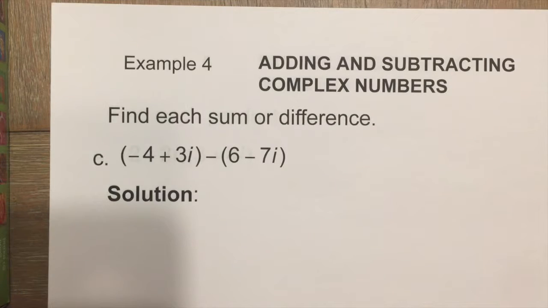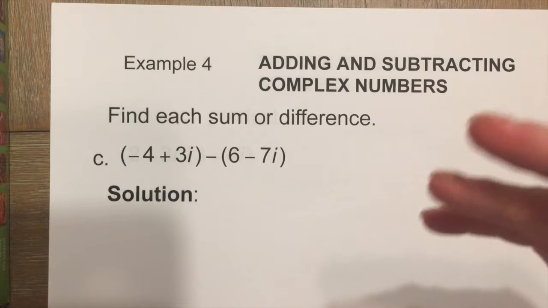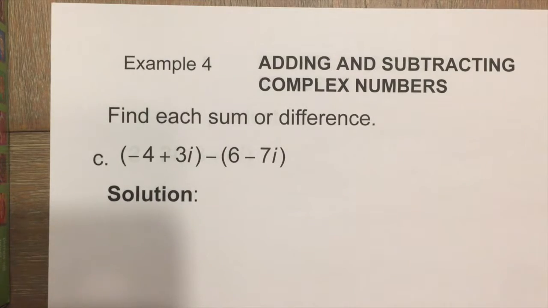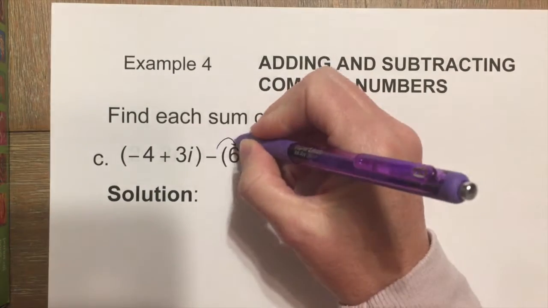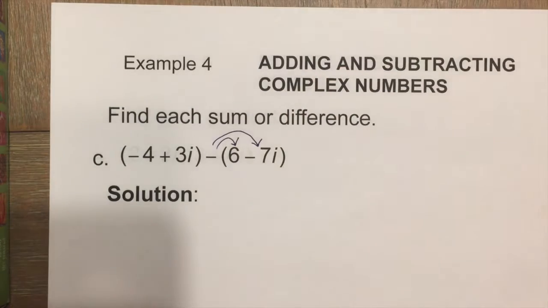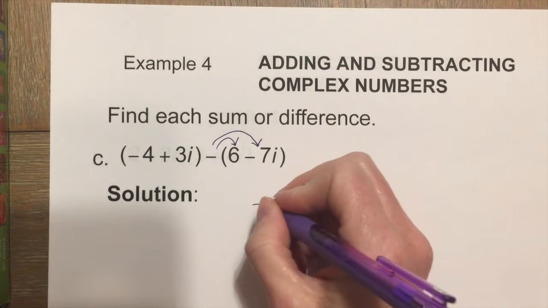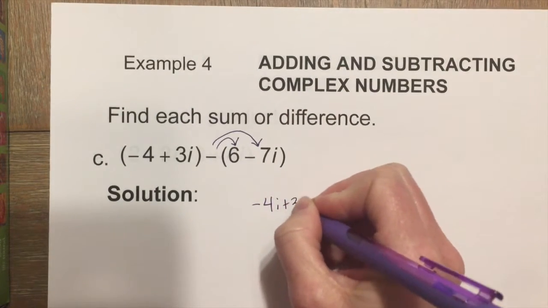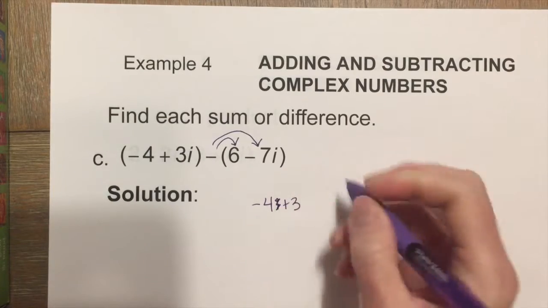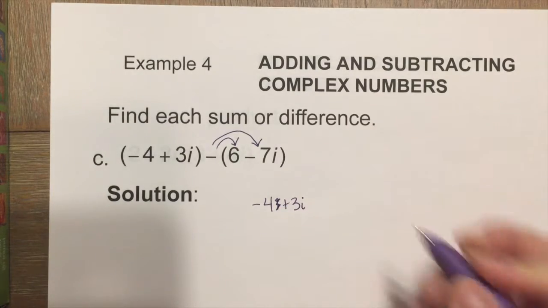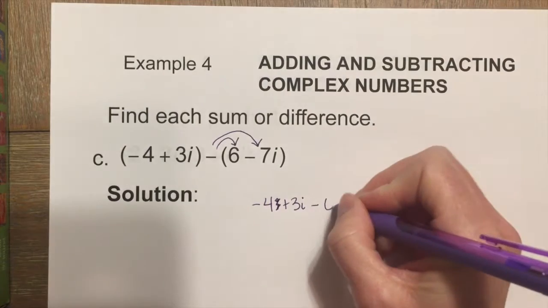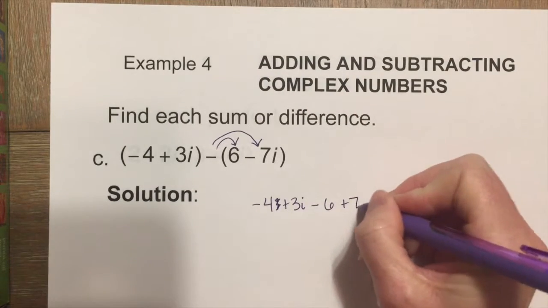What about subtracting? Here's where commonly in the beginning some mistakes are made. You need to remember to distribute the negative to every number. So I need to remember to distribute this negative to both terms in the parentheses. This is really negative 4, plus 3i, and then I get a negative 6 and a positive 7i.